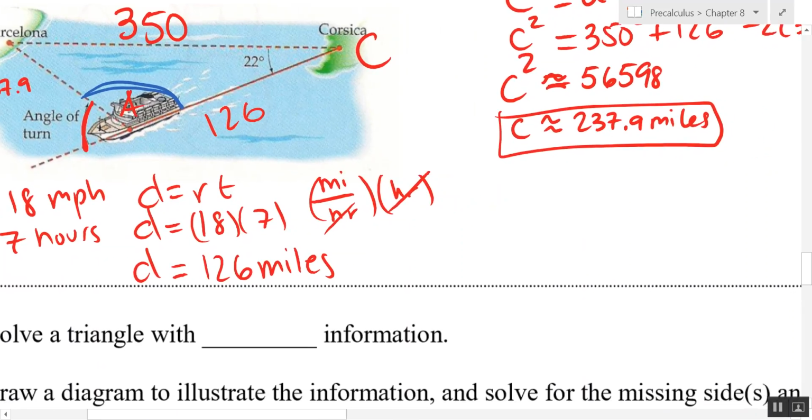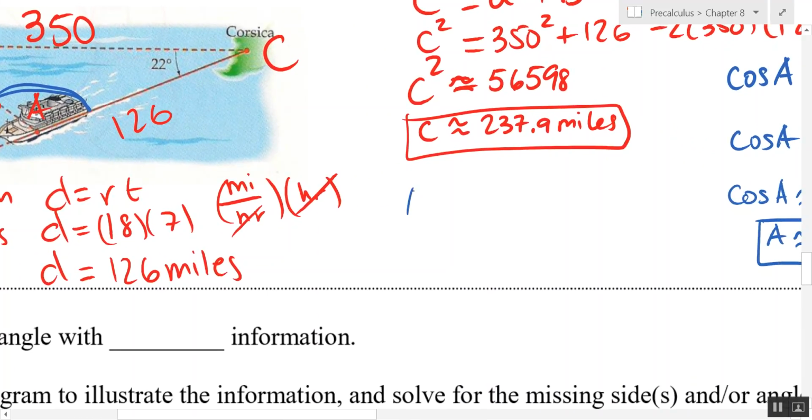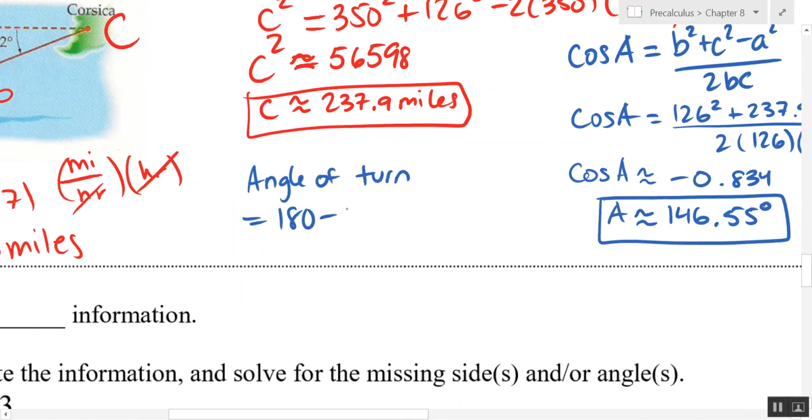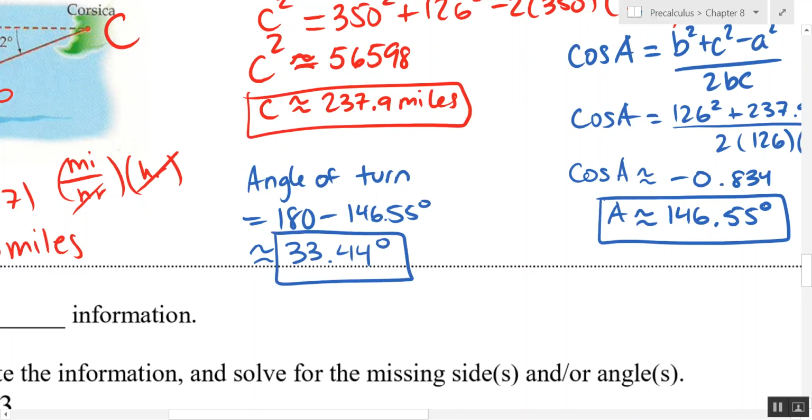So our angle that we need, the angle of the actual turn, is going to be equal to 180 degrees minus angle A, or 180 minus 146.55. And that gives us an angle of approximately equal to 33.44 degrees. And this is the angle that the ship needs to turn.